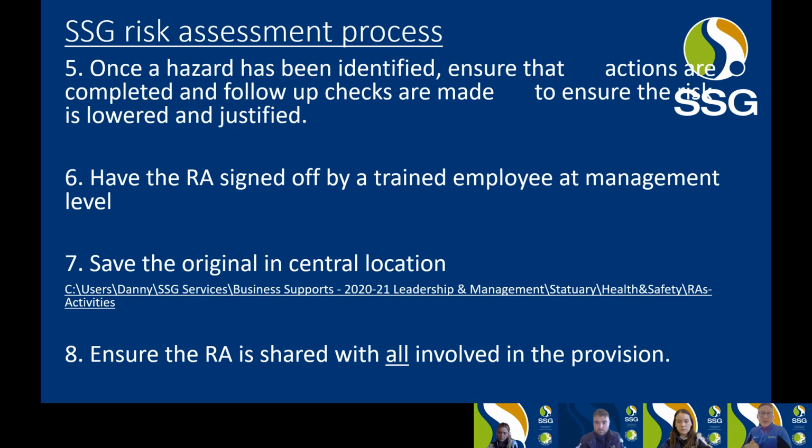Because again, if something, touch wood it doesn't, goes wrong, externals will look at our risk assessment. We will then say at management level, yes, it's there, we did the process. Why didn't it happen, Joe Bloggs? And Joe Bloggs goes, I didn't know. I didn't know I needed to check the lighting in the pool.